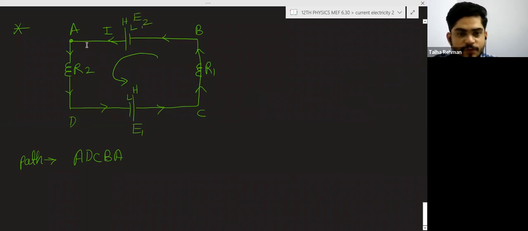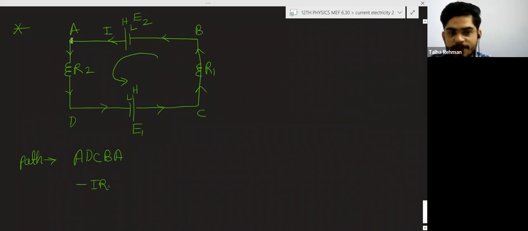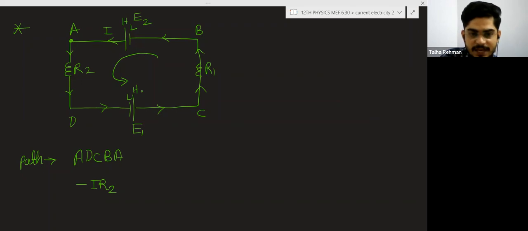You are moving from A to D, so you will take this as minus IR2. If you are moving in the same direction as the current, you will take minus IR2, because you are moving in the direction of decreasing potential. Moving from here to here, you go from lower to higher potential, so you take plus E1.